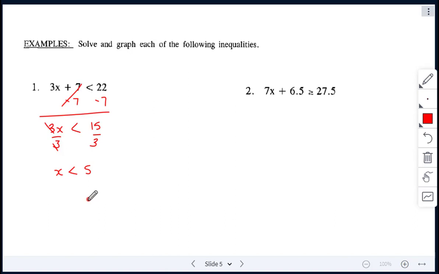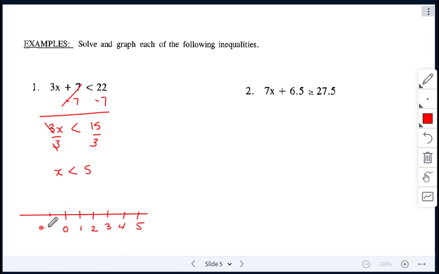Our last step now is to show this on a number line. I'm just going to draw a line here. It's showing that x is less than 5, so I'm going to put the 0 here. We have 1, 2, 3, 4, 5.